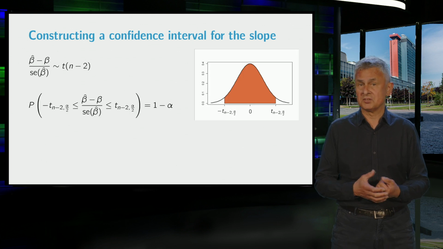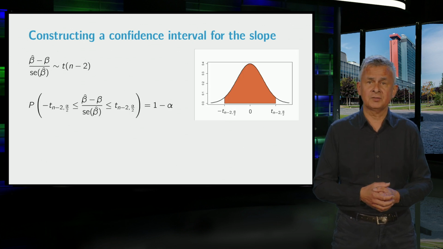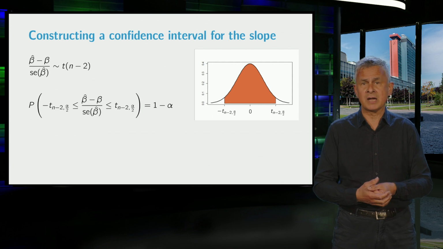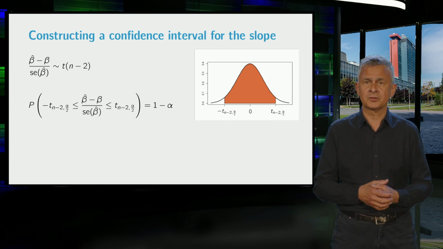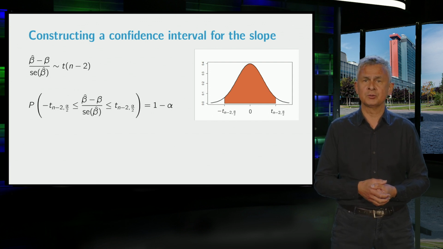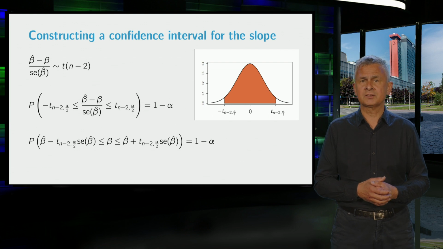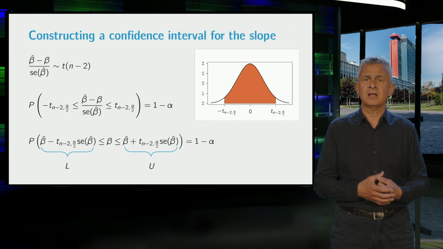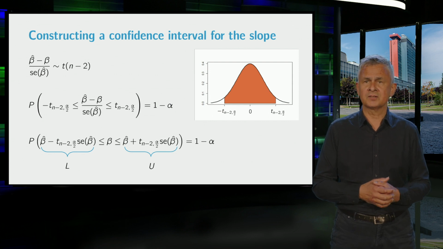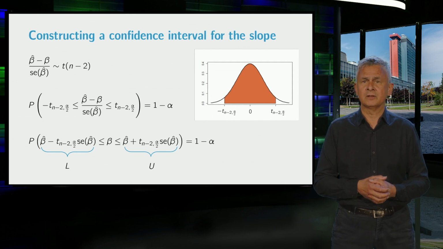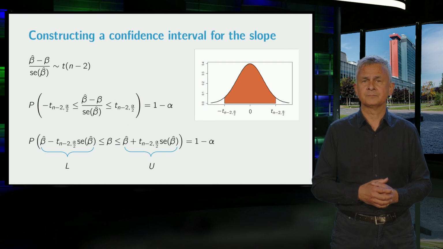So, this is a pivot, and the probability that it lies between plus and minus the critical value of the t-distribution at alpha over 2 is exactly equal to 1 minus alpha. Rewriting the inequality such that beta is in the middle gives the lower bound and the upper bound for a confidence interval for beta with level 1 minus alpha.